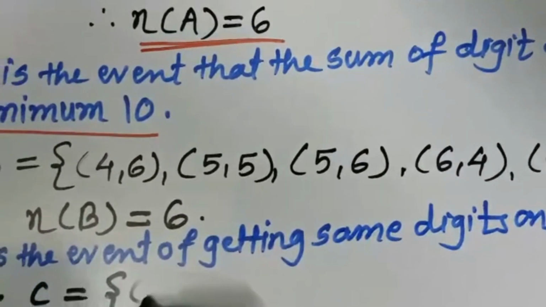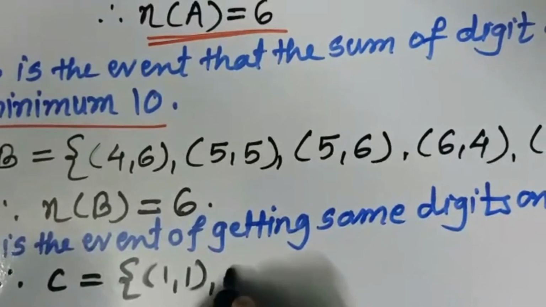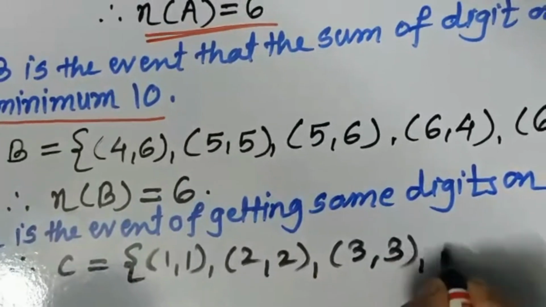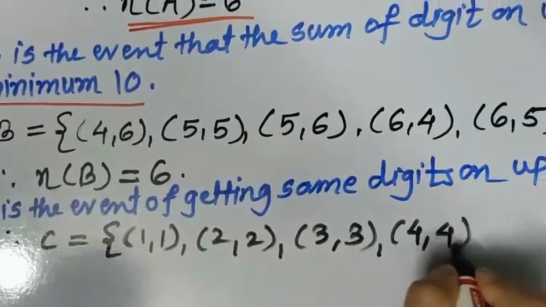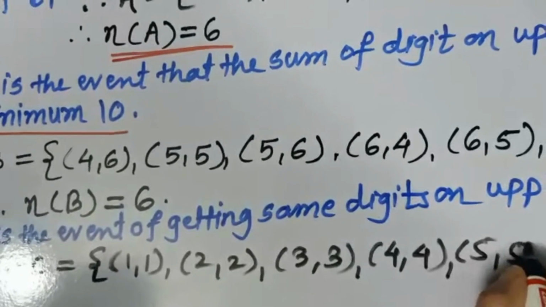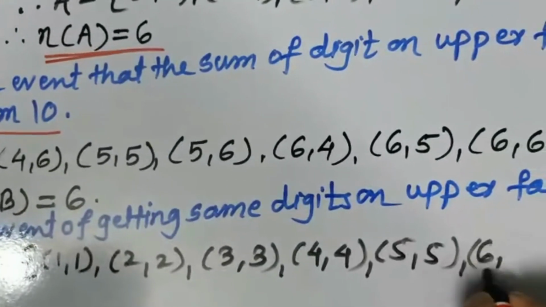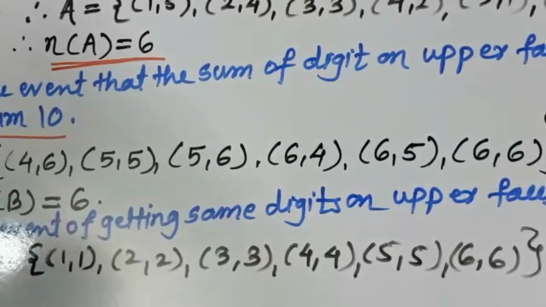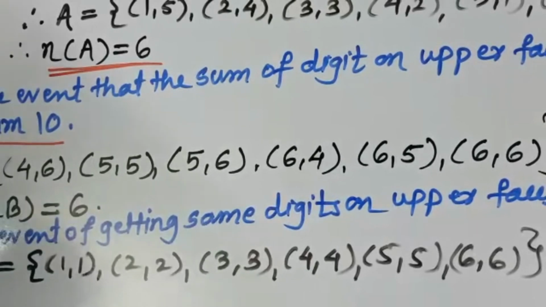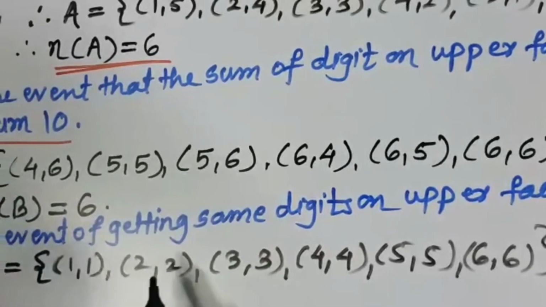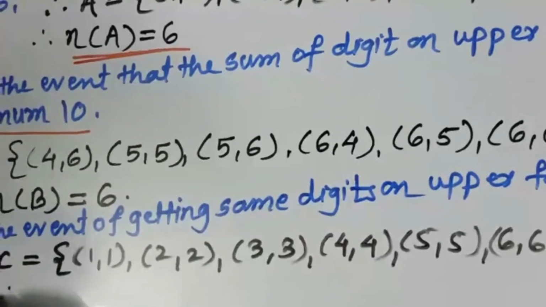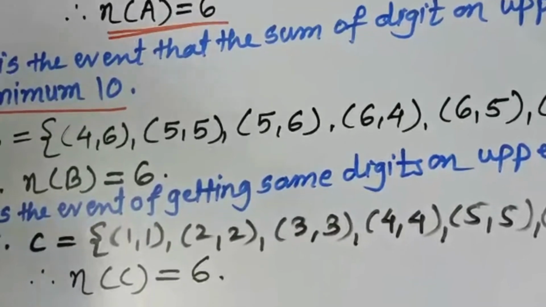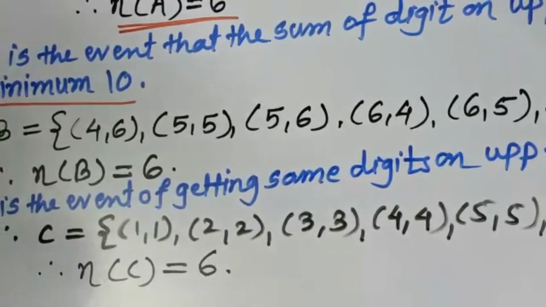So how many such points are there? The number of points of this C event is 6: 1, 2, 3, 4, 5 and 6. So write, therefore n of C is equal to 6. Understood? So highlight this, n of C is equal to 6.